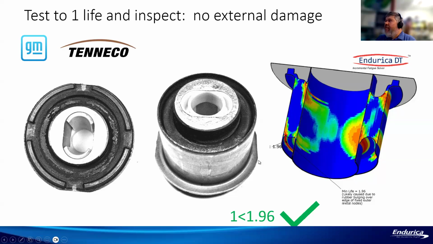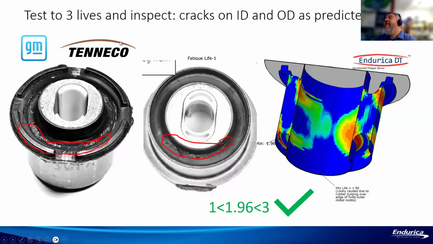Of course, it was desired maybe to also check the upper bound, and so we then ran some bushings to 3 lives, so 3 repeats of the whole schedule, and then we inspected the bushings. And in this case, we did develop cracks on both the outside diameter and the inside diameter.